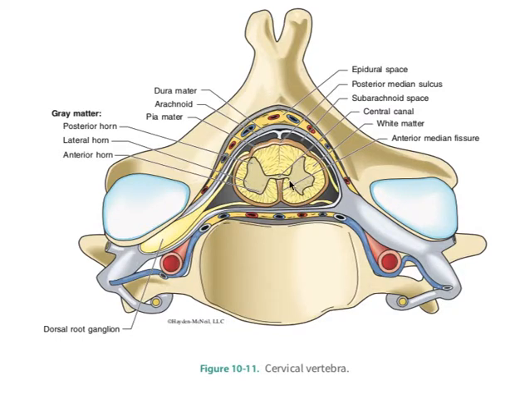And then there is a ventral or anterior side to this. And the way that we differentiate them is that the dorsal side, or the posterior side, is going to be carrying chiefly information about sensation.